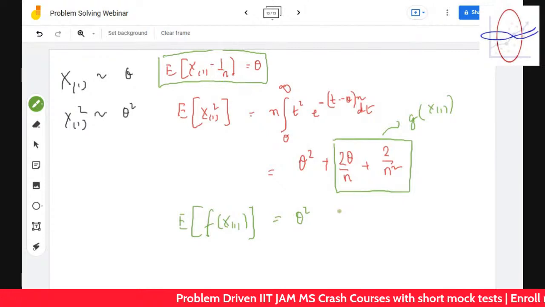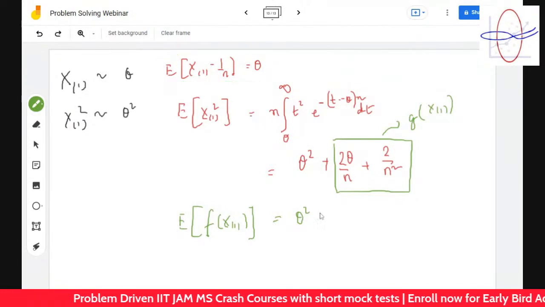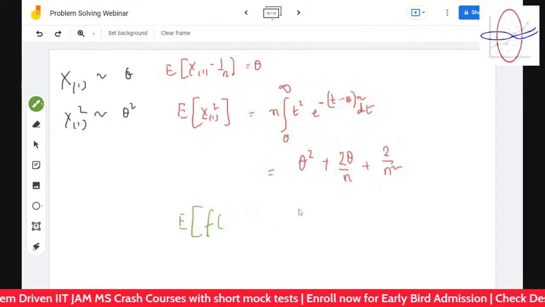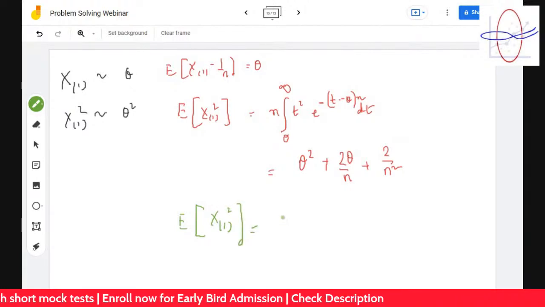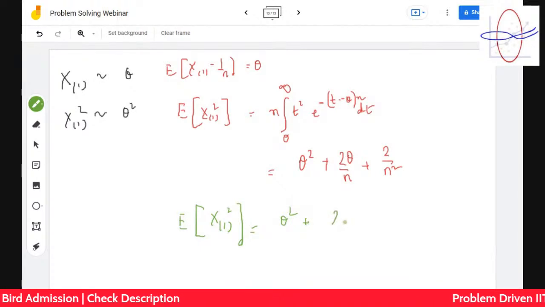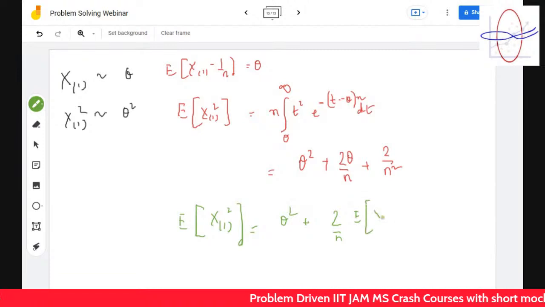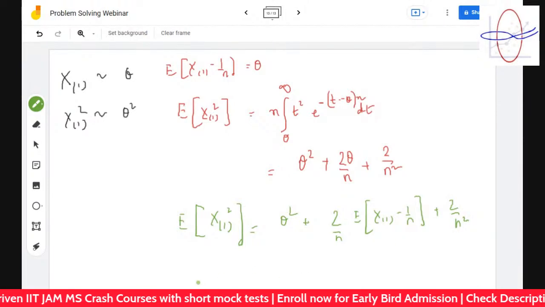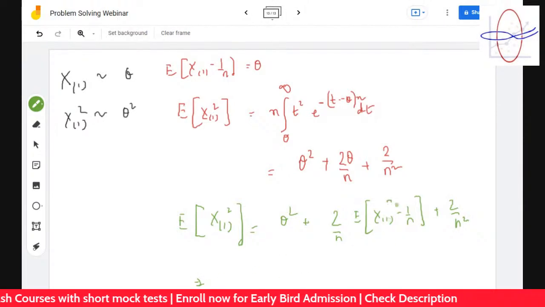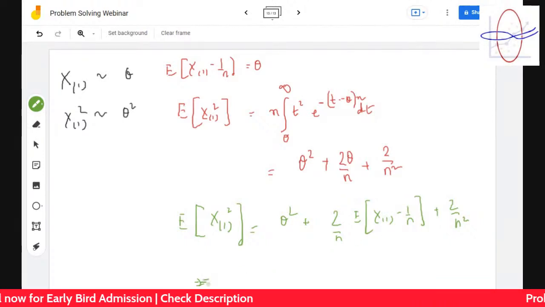So you replace this theta by this. Let's do that. Expectation of x1 square is theta square plus 2 theta by n plus 2 by n square. Let it be theta square because we want to find some function of x1 square, and we replace this by 2 by n times expectation of x1.